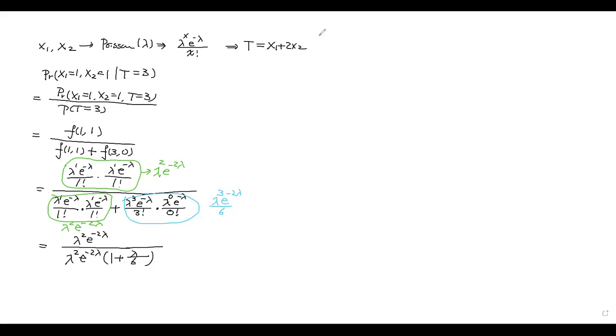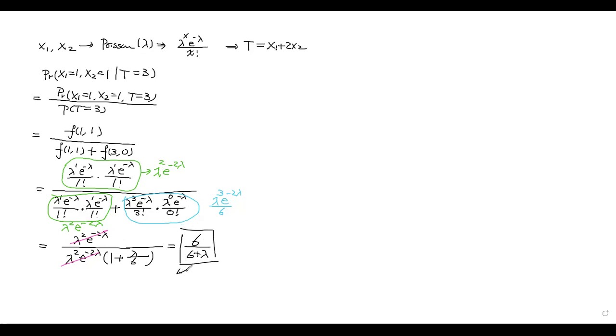Now this term and this term cancel out, so the answer will be 1 over 1 plus lambda over 6, which is 6 over 6 plus lambda. This is the final form.